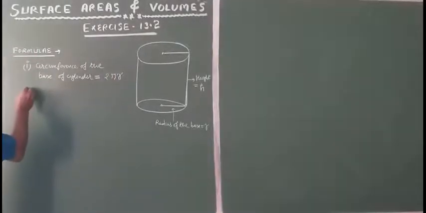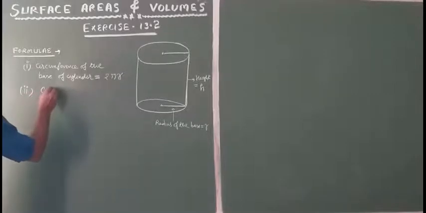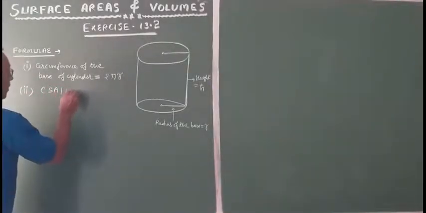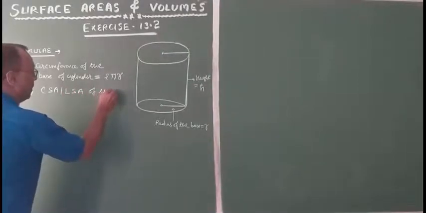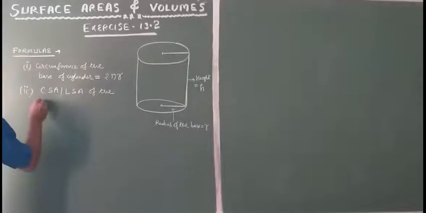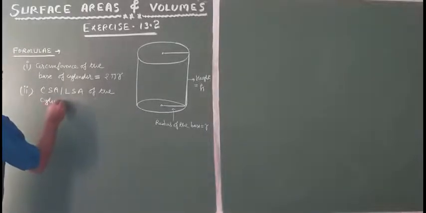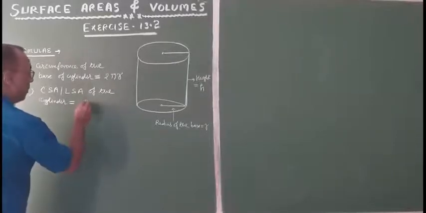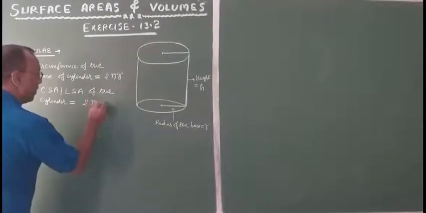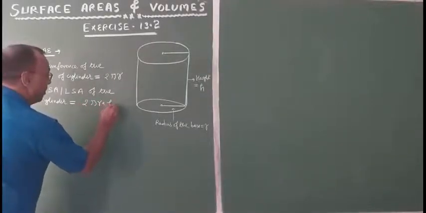The next one is CSA, curved surface area or lateral surface area of the cylinder, that is 2 pi r multiplied with height.